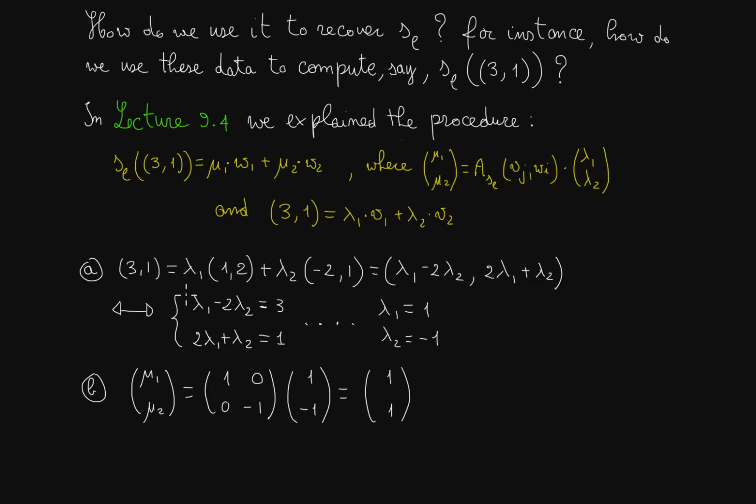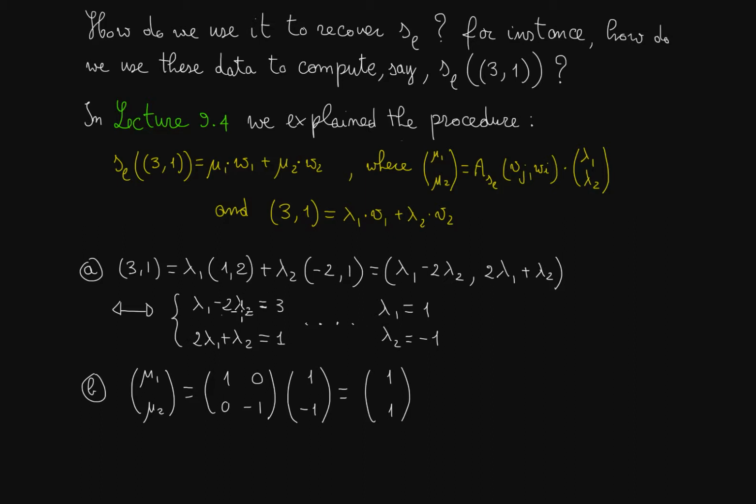And this is written in the form of a system. A system means that all the conditions that appear on the right of this curly bracket must happen simultaneously. So we want that at the same time 3 equals this expression and 1 equals this expression.